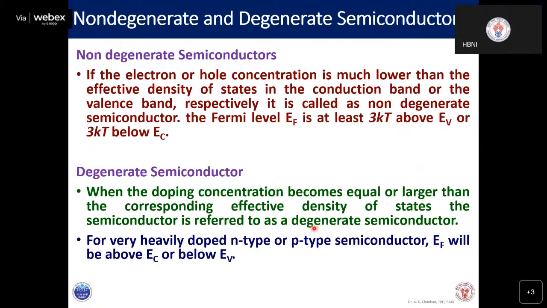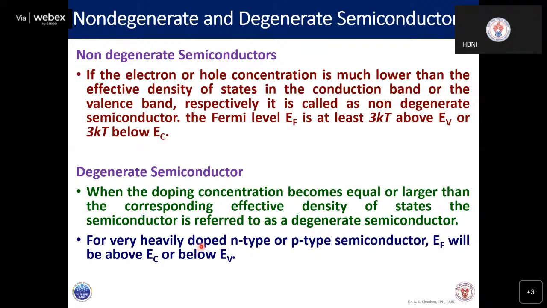However, when the doping concentration becomes very high, and it becomes equal to or larger than the corresponding effective density of states, the semiconductor is referred to as a degenerate semiconductor.